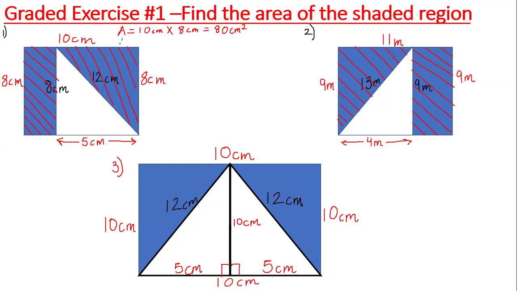So the triangle is base times height divided by 2, right? 5 centimeters is the base and the height is 8 centimeters.